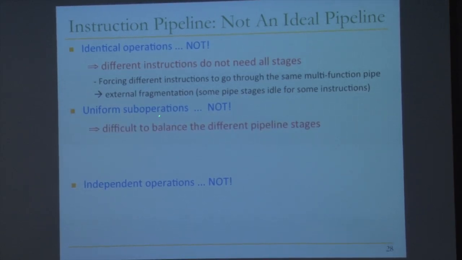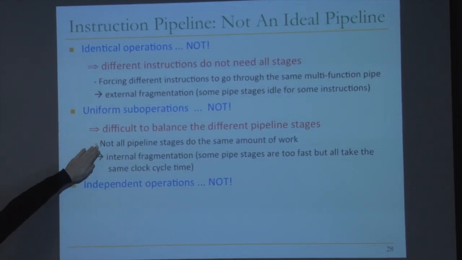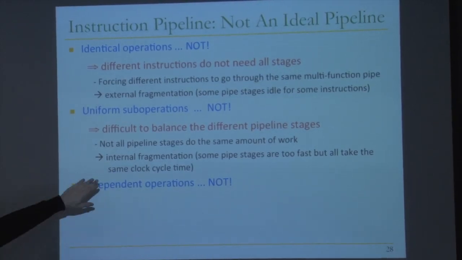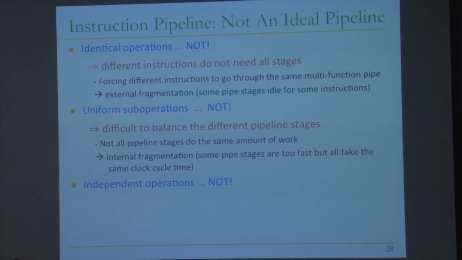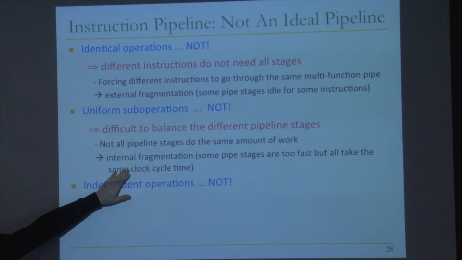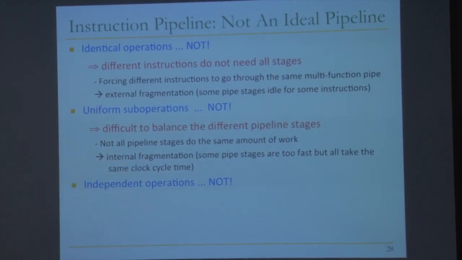And that increases latency. Sub-operations are not uniform. It's difficult to balance the different pipeline stages, and I said that earlier. And this leads to internal fragmentation, which means that from the point of view of a pipeline stage, some pipe stages are too fast. They're done quickly. But it needs to take the same amount of time because everything operates based on a clock, right? The same clock cycle. And this increases latency also.